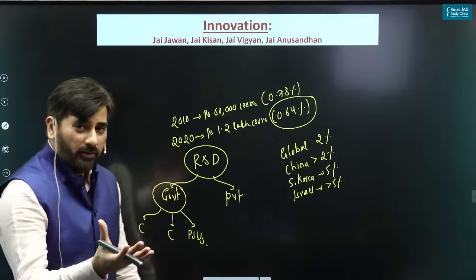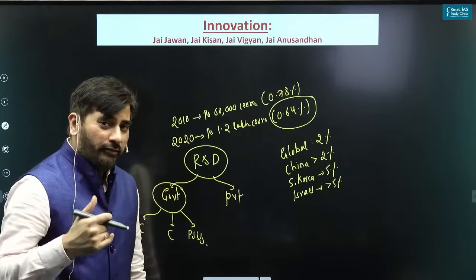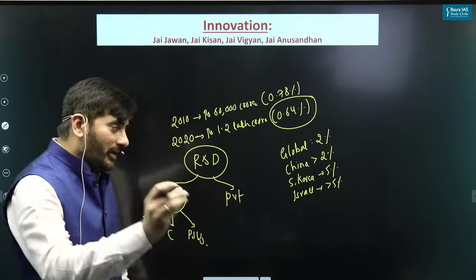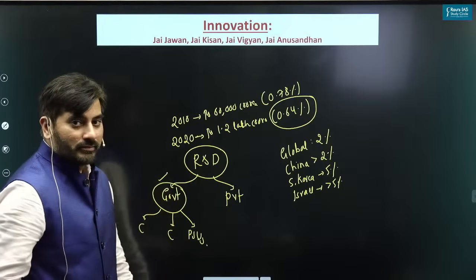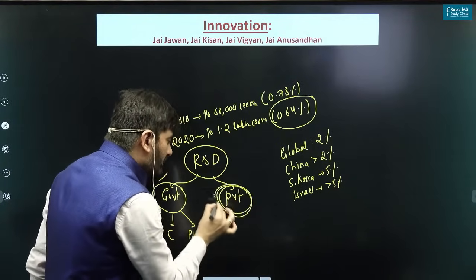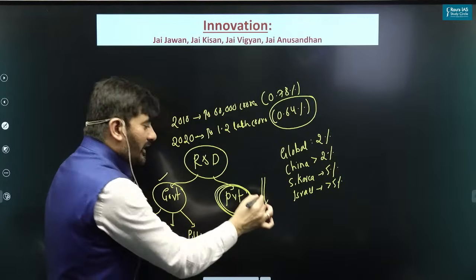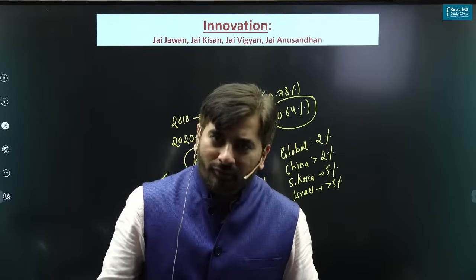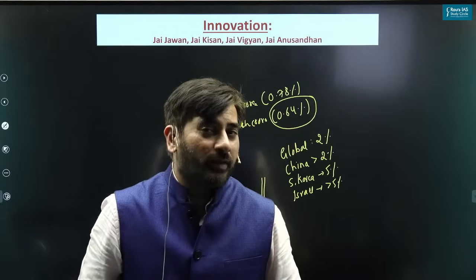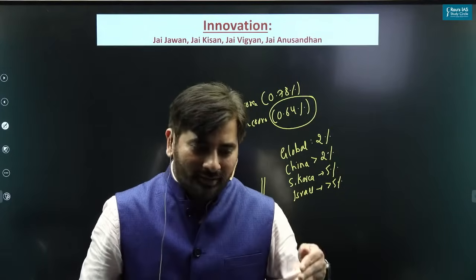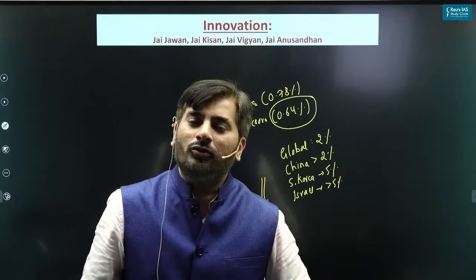The biggest problem right now is more than 50% of expenditure on research and development is coming from the government. The share of private sector investment in research and development has been declining. Don't you think that we have to encourage the private sector to spend more money on research and development, right? And that is what this year's interim budget seeks to do.